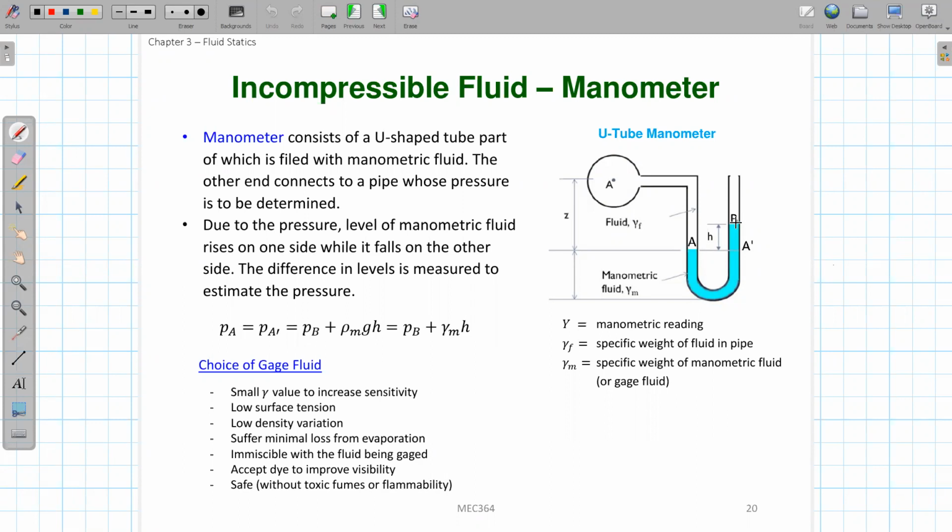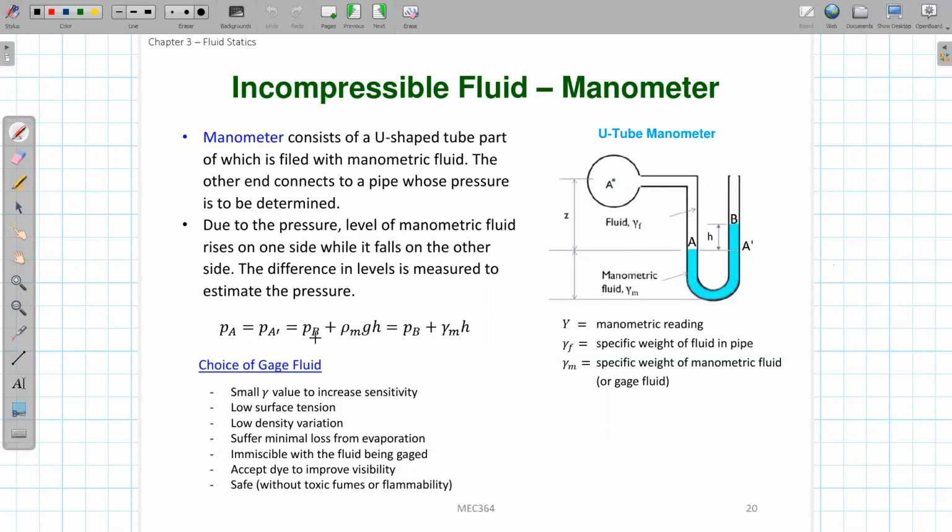The difference between the pressure at B and at A prime is determined by this depth h. Based on the correlation we derived in the last class, we can write that the pressure at A prime is equal to PB.